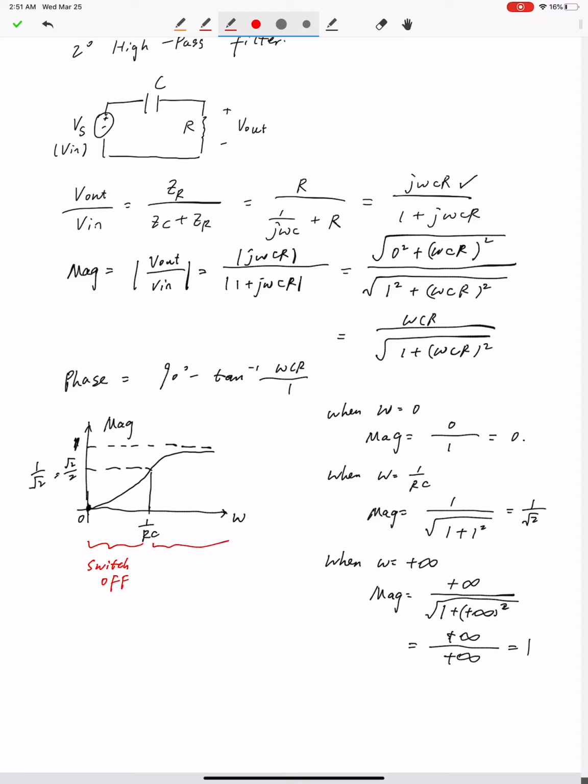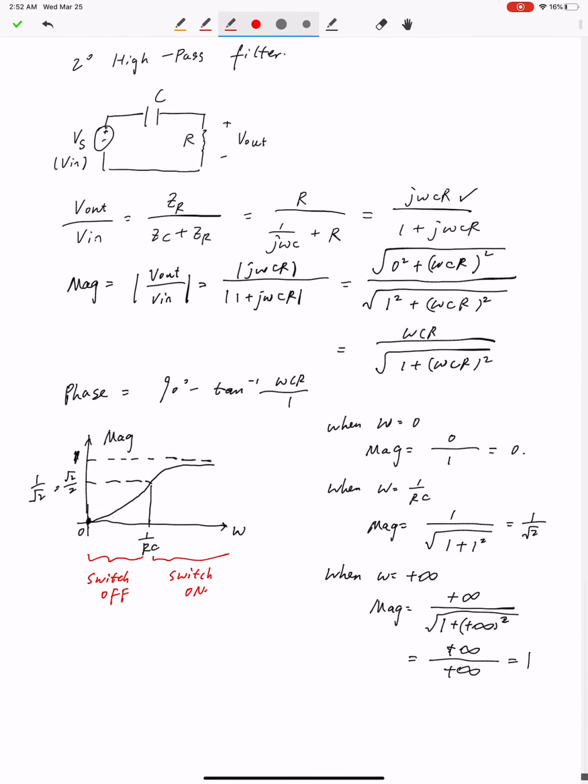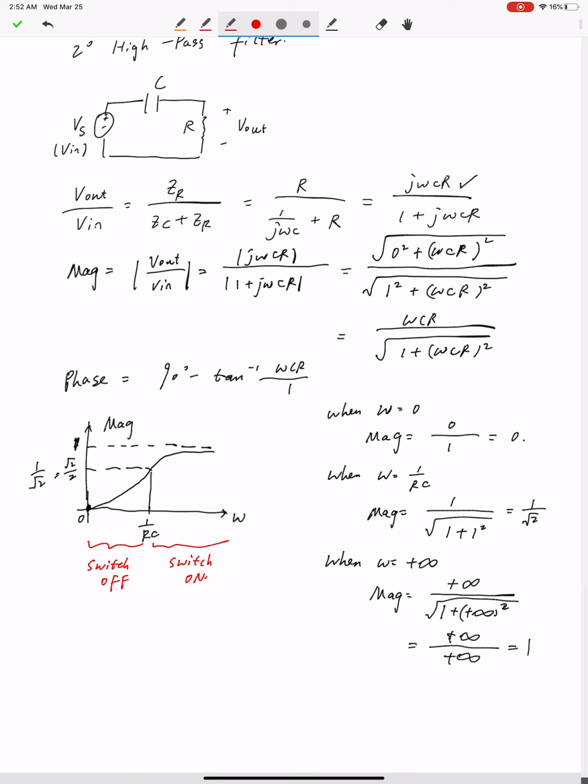And above 1 over RC, the magnitude becomes high, which means the switch is closed, the switch is on, and the signal can pass this filter, right? So as you can see, this filter rejects low frequency components and accepts high frequency components. So this is why it is called a high pass filter.